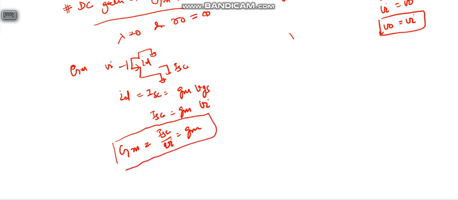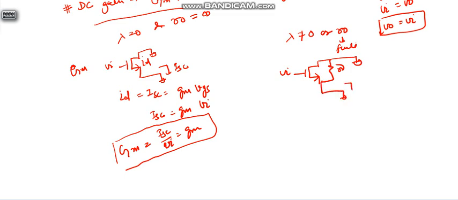Now suppose lambda not equals 0, or Ro is finite. So let's consider this case. So here Ro, and this is Vi, and this we make ground.